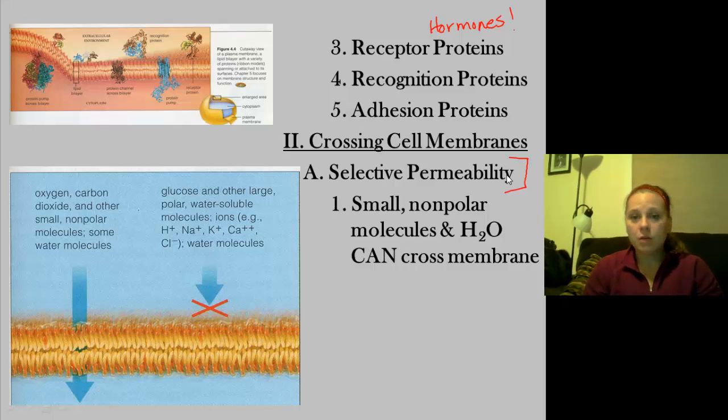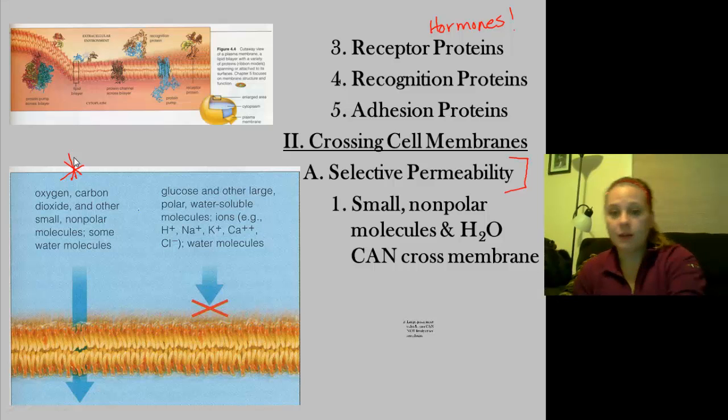Now, if you're a molecule that's very small, if you're non-polar, or if you're water, you can actually just wiggle your way right through that lipid bilayer with no trouble. You can just kind of bump those phospholipids aside and whoop, right in. Here are some examples of things that are capable of simply flowing through the lipid bilayer.